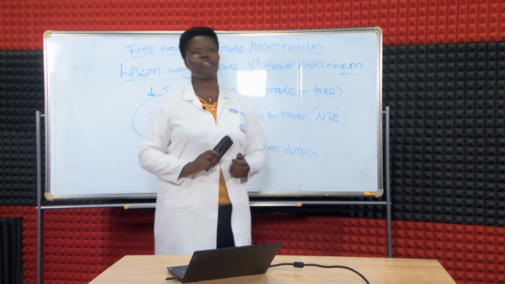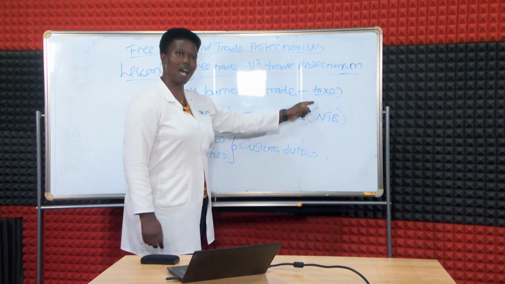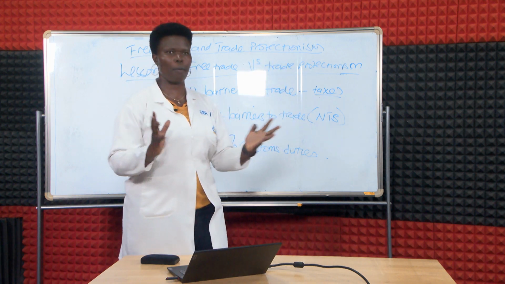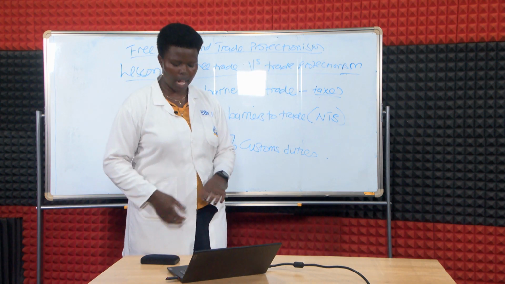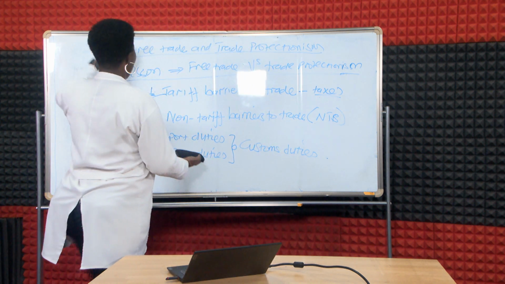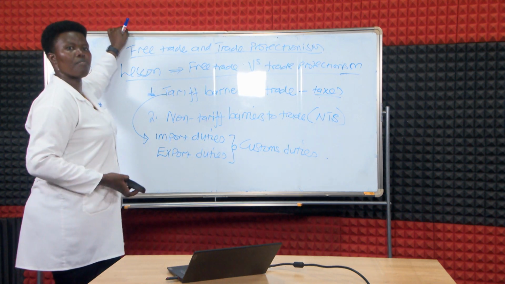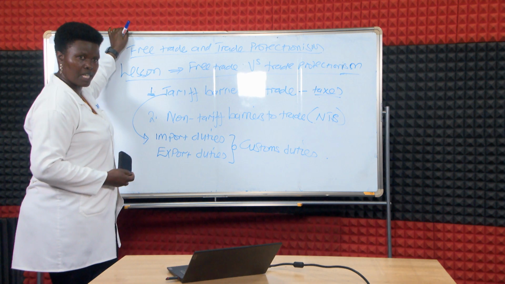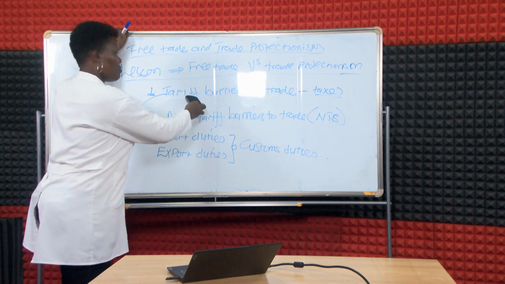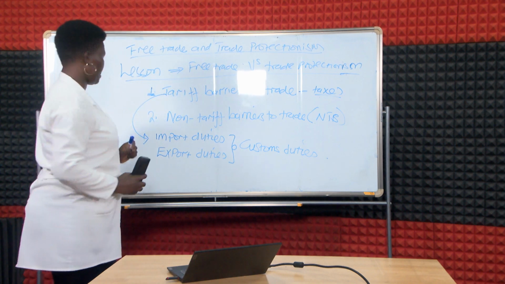In short, they are restrictions to international trade that do not involve taxes, and there are several examples. We are going to have a sample of them as long as we have learned to distinguish between tariff barriers to trade and non-tariff barriers to trade. Tariff barriers involve taxes, whereas the non-tariff barriers do not involve taxes.